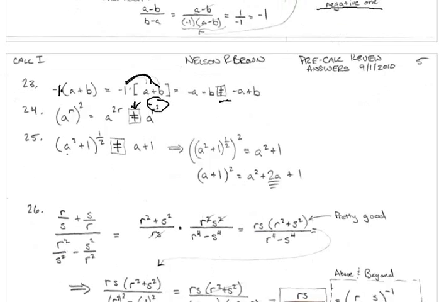Alright, so for number 25, we have the quantity of a squared plus 1 to the 1/2, and of course that is not equal to a plus 1. To see this, we can think of the quantity of a squared plus 1 to the 1/2, raised to a power of 2. Power raised to a power, this would become 1, and that's equal to a squared plus 1.